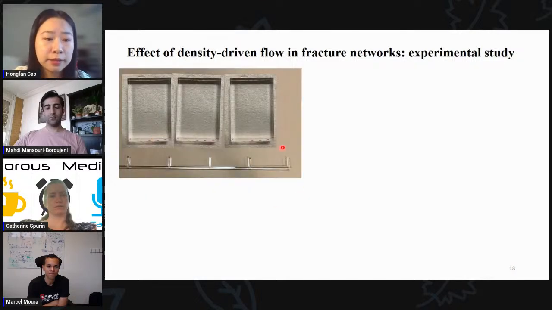And this figure shows what we used to generate the fracture network. We used these transparent blocks to represent the impermeable matrix, and we use this frame as the space between matrix to generate a constant fracture aperture between matrix.